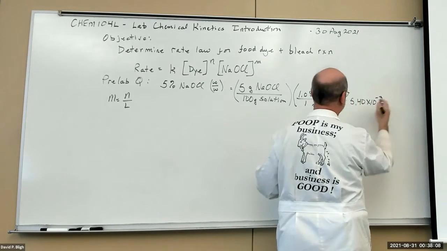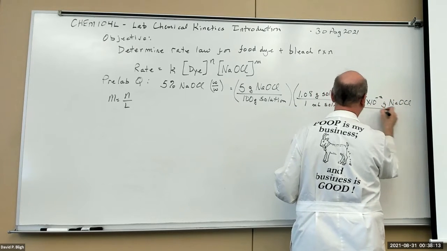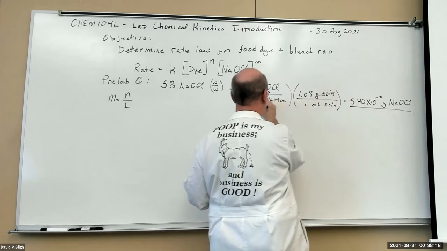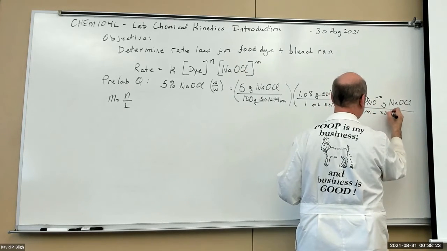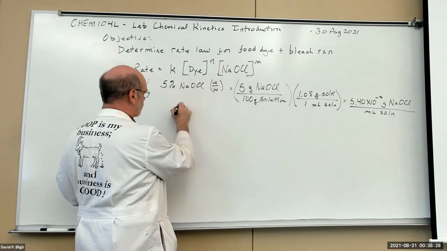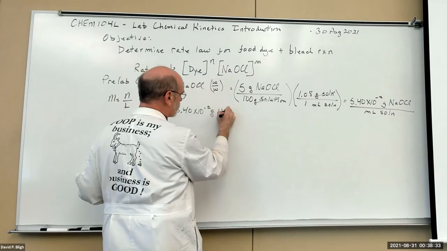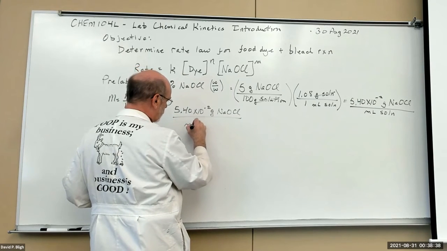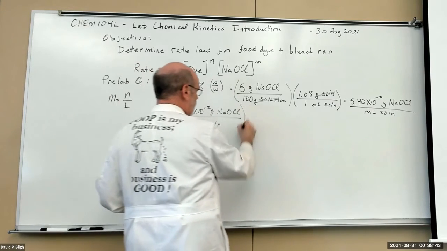What is it actually? It's grams sodium hypochlorite per milliliter of solution. Okay, we're not done yet. Correct? 5.40 times 10 to the minus 2 grams sodium hypochlorite per milliliter of solution.